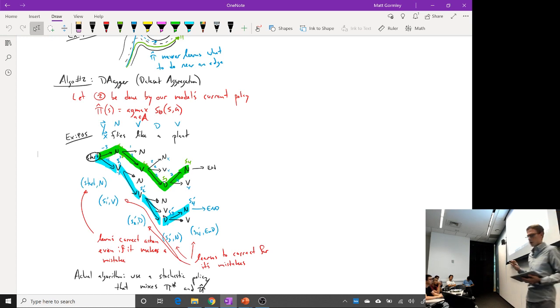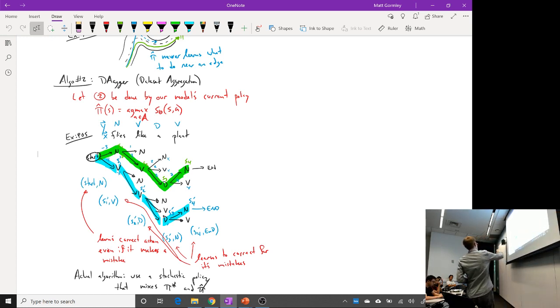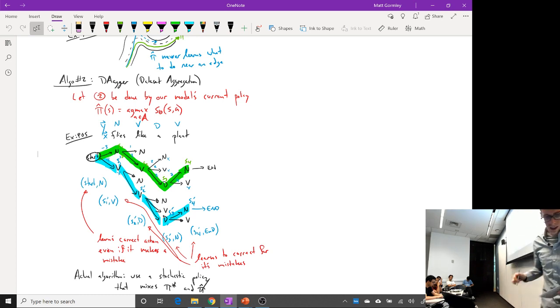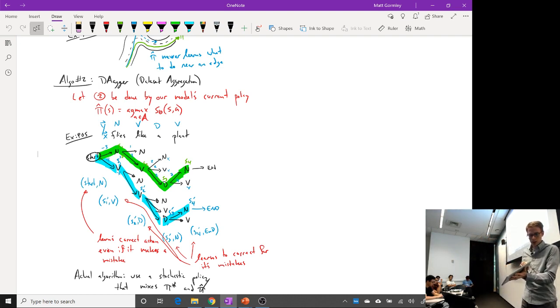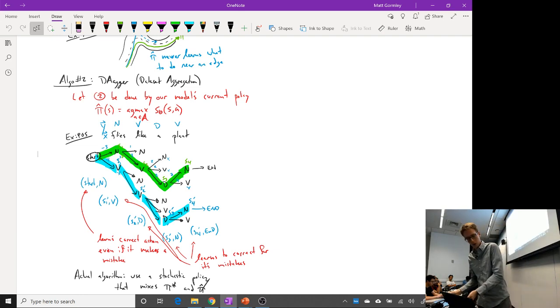So what it will do is, in the end, behave somewhere in between the oracle policy and the current greedy policy. Okay. And so the main takeaway is that this algorithm is going to have theoretical guarantees that it will learn a policy that has low regret in hindsight. So the theoretical guarantees are actually quite strong here. So let's look at those.